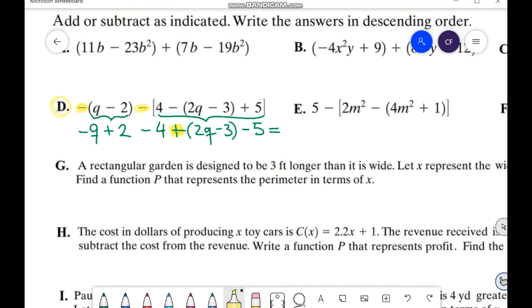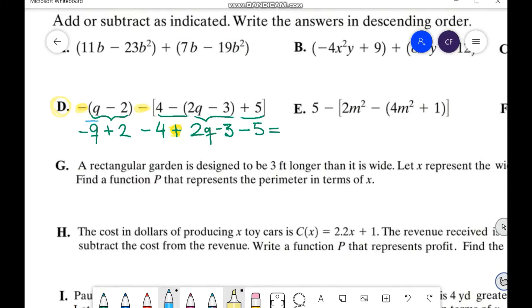Okay, so now we have a positive sign in front of the parentheses, and we can just get rid of this parentheses. We don't need it anymore, because when we have a positive sign, the signs will not change, they stay the same, right? So we can get rid of this parentheses and just combine the like terms.